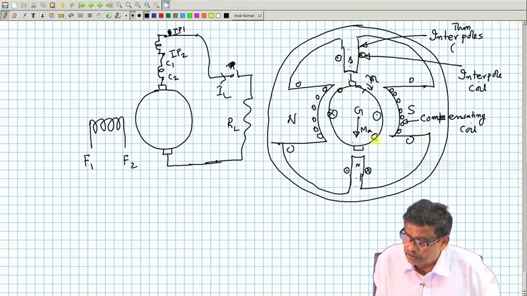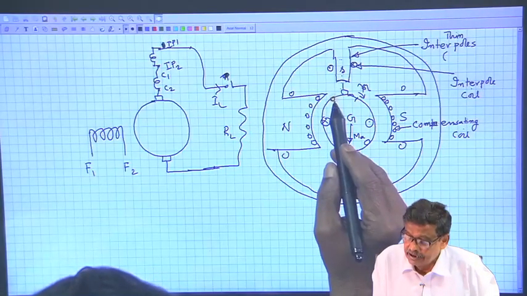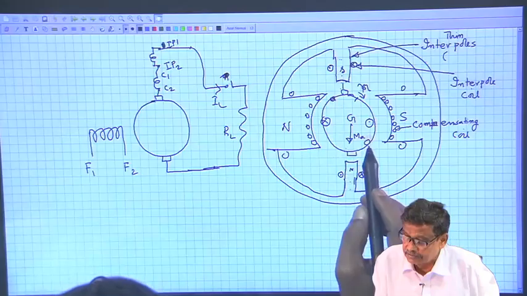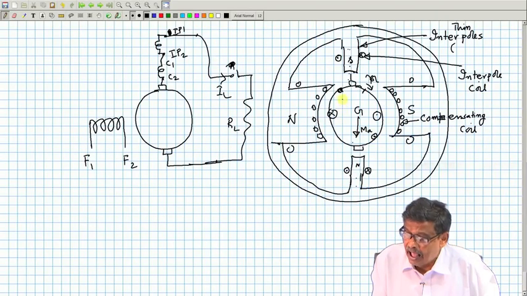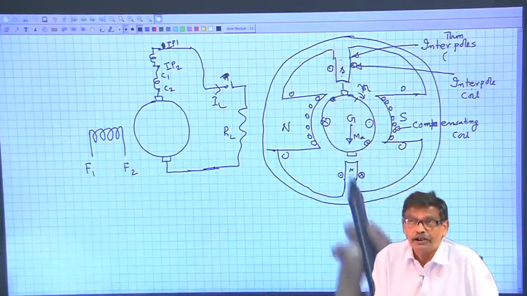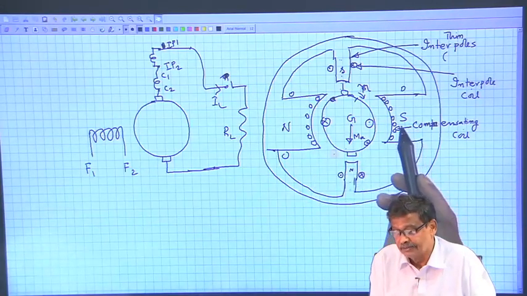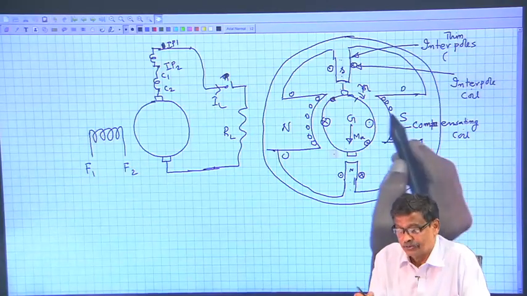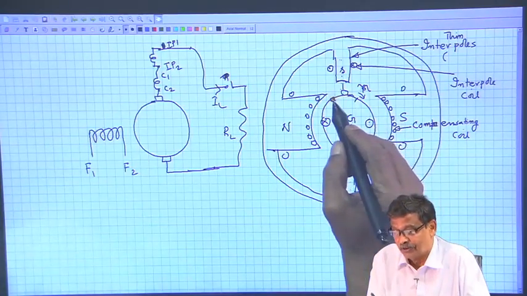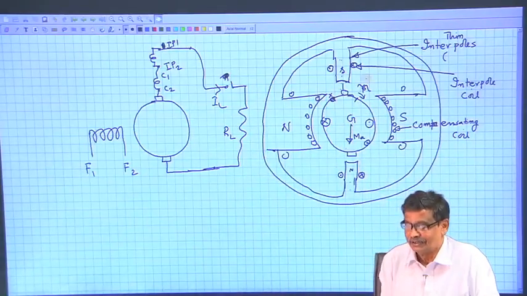Concentrate on this coil. It was here on the left hand side, having cross dot voltage, and after a brief period of time, it will cross this border line, go to the other side, and is asked to carry the opposite current. This cross current is to be changed to dot immediately after it crosses.